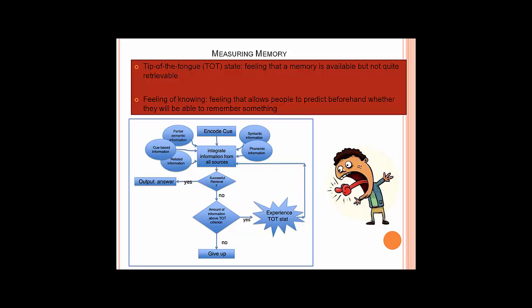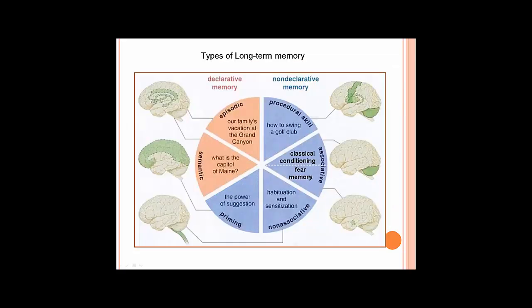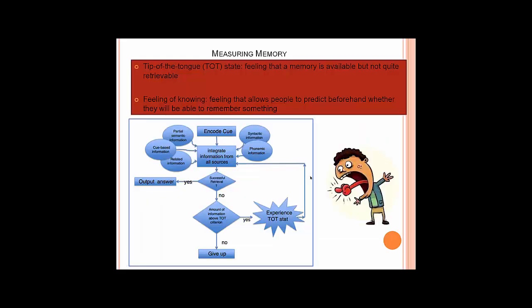It's called a feeling of knowing. Unfortunately, not enough people have that with very basic mathematics, and that is probably because of fear. So, measuring memory. How do we measure memory? And what is the tip of the tongue and feeling of knowing?